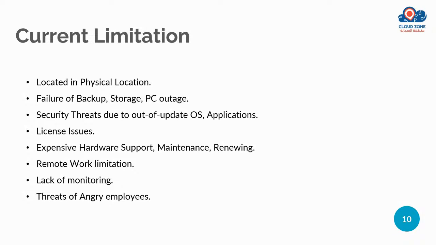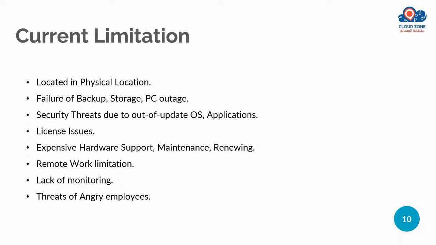So everyone right now is working from home, maybe from outside of corporate networks. So there is again an issue with how you can protect your employees if they are working outside of your network. Also, we have a lack of monitoring, regarding if they have used their personal PC, so you cannot control their entire system from your corporate network.